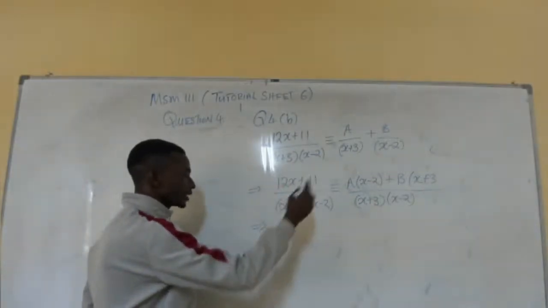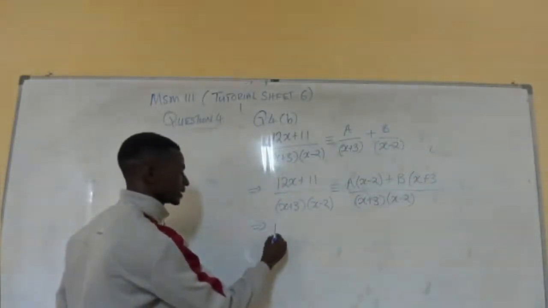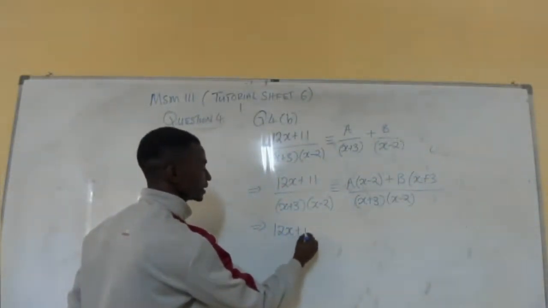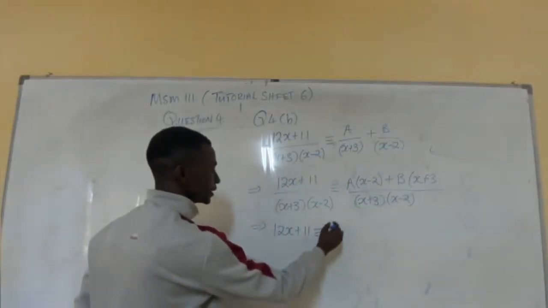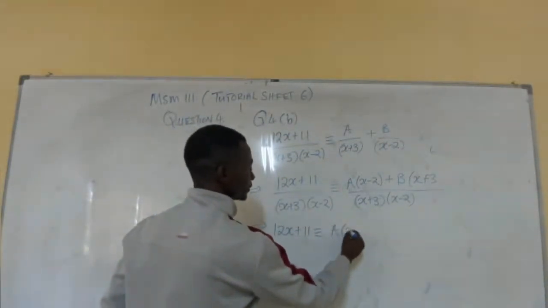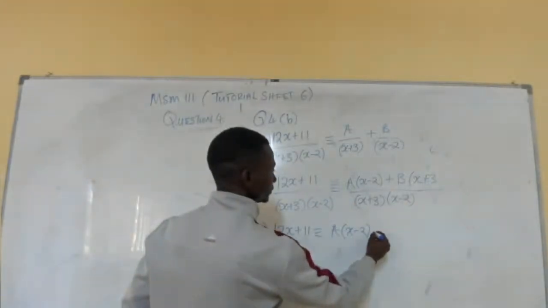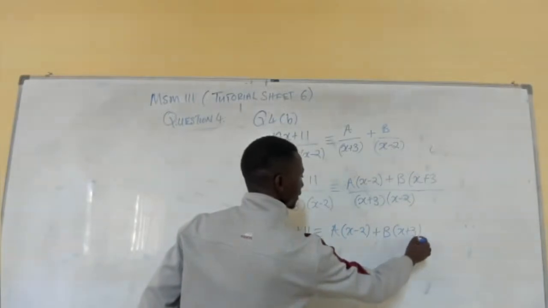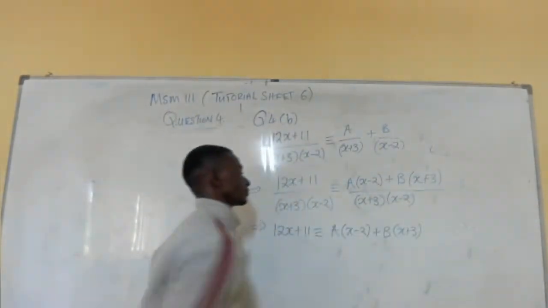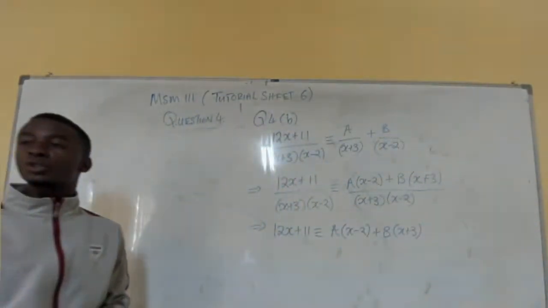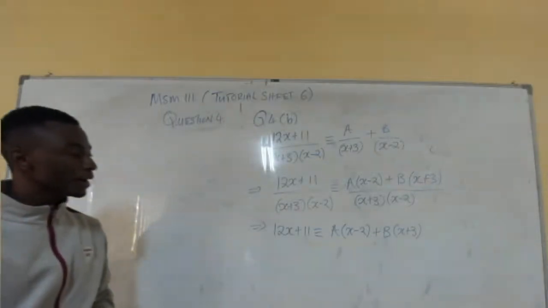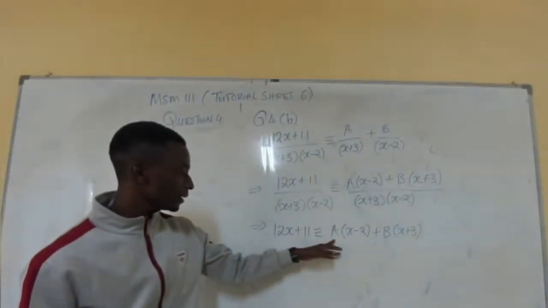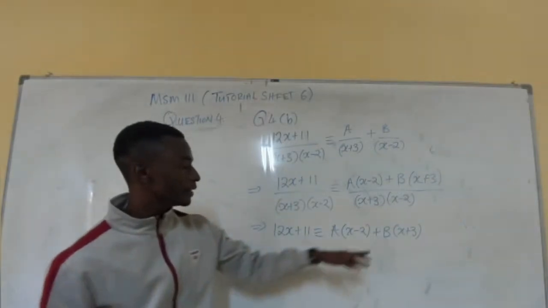So equating the numerators, we have 12x plus 11 equivalent to a, x minus 2 plus b, x plus 3. So what's our aim? Our aim is to find the value of a and again to find the value of b.